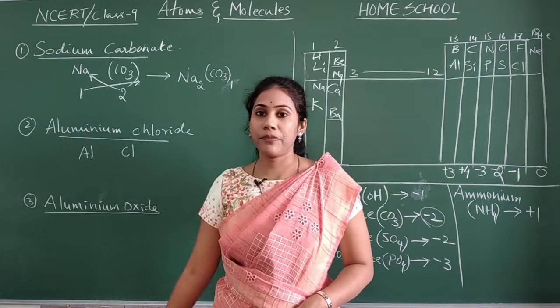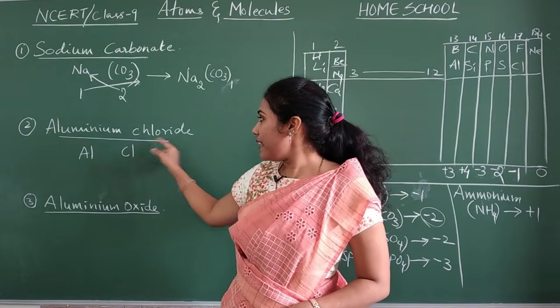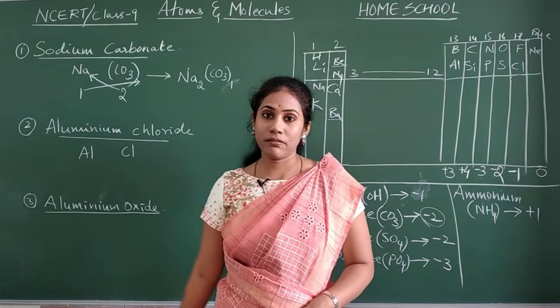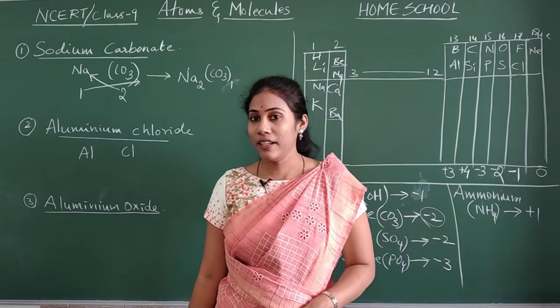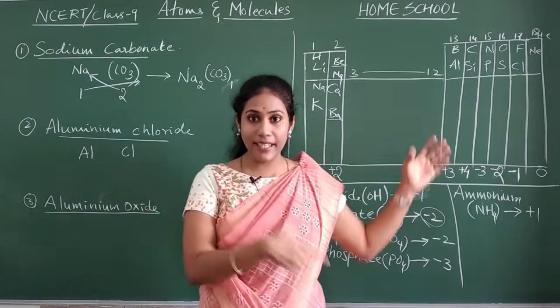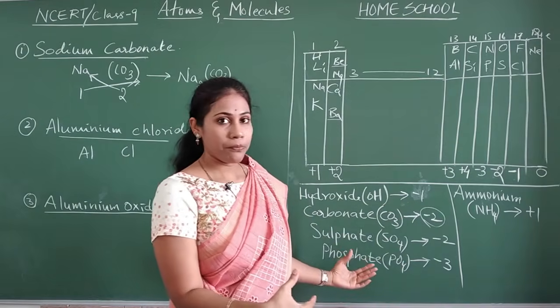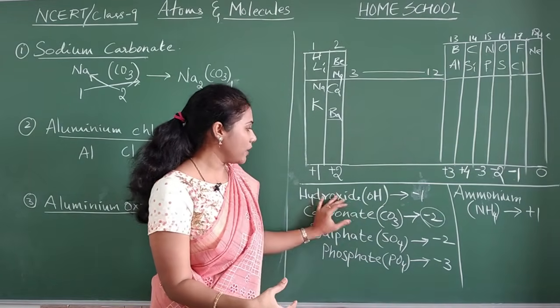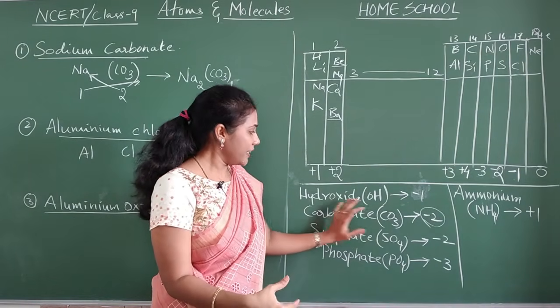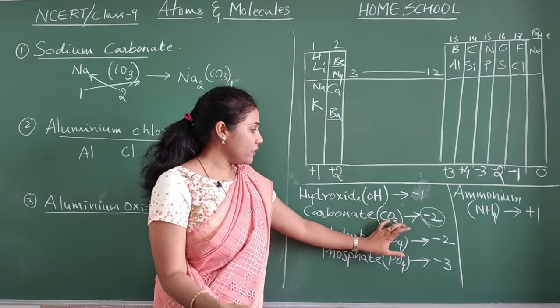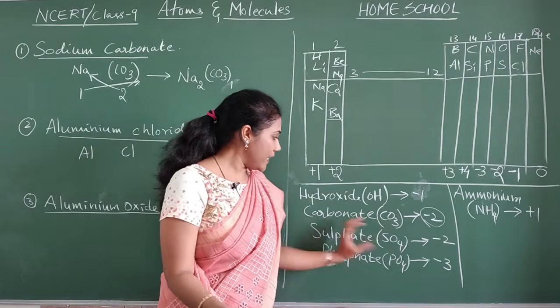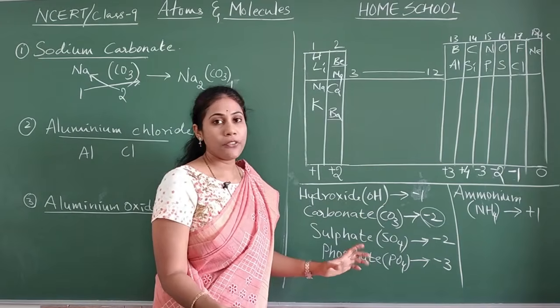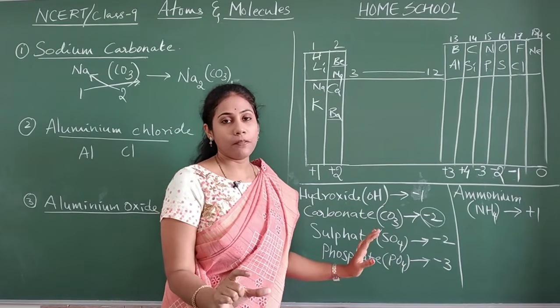Okay. But negative guy's name should end with IDE. Clear? Okay. So this is only with the elements, not with the groups. Group's name is standard, guys. Hydroxide. Whenever OH is there, it is hydroxide only. Whenever CO3 is there, though they are negative, guys, their names are fixed.